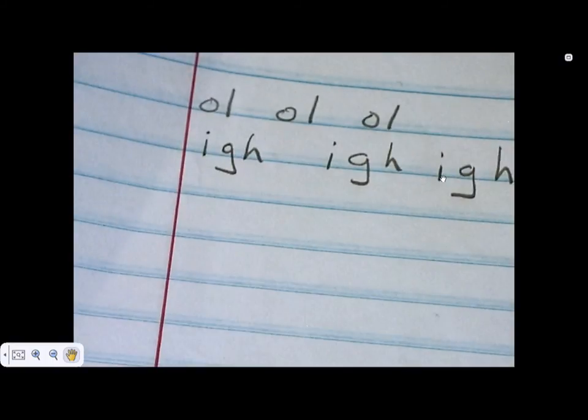So the first word, number 1, fold. Repeat. Fold. Now write the word, please. Think about the sounds that each letter makes, and spell fold.